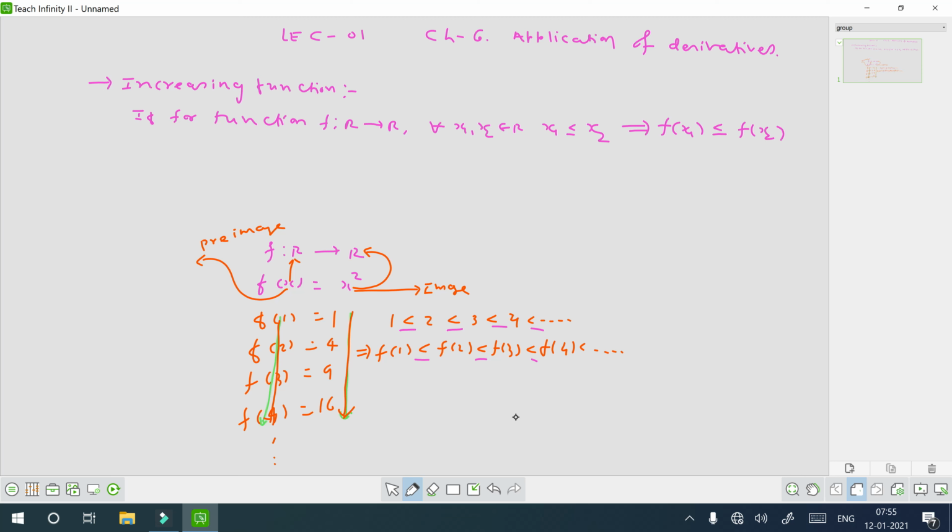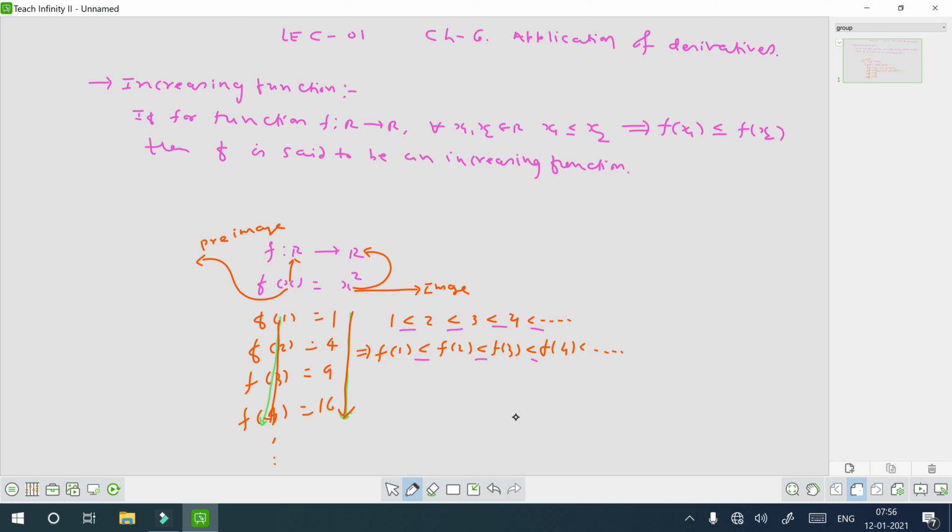Then f is said to be an increasing function. All of you are familiar with this definition.